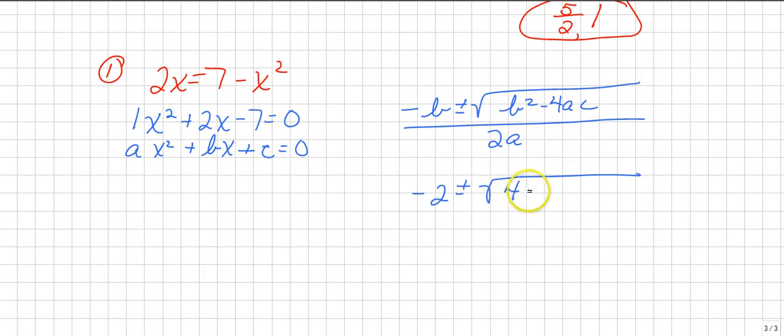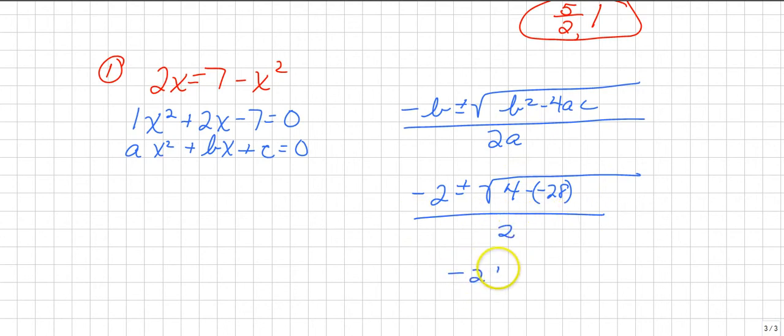Let's save a little time by not writing out every single little step. 4 times a times c, and if you want, you can do that in your head as 4 times 1 times negative 7. Just be careful with your arithmetic. 4 times 1 is 4 times negative 7 is negative 28, and watch your signs there. So it's 4 minus negative 28 because the minus is part of the formula, all over 2 times a, which is 2.